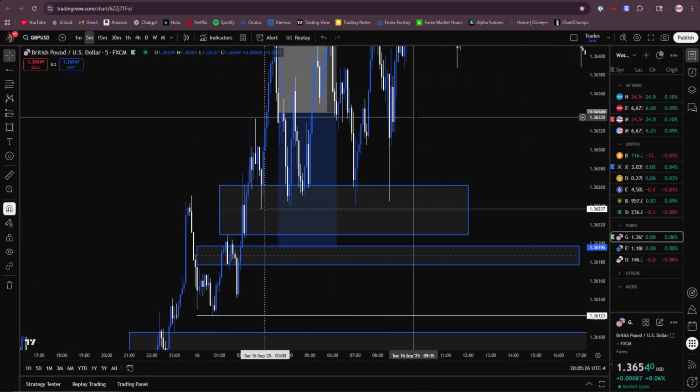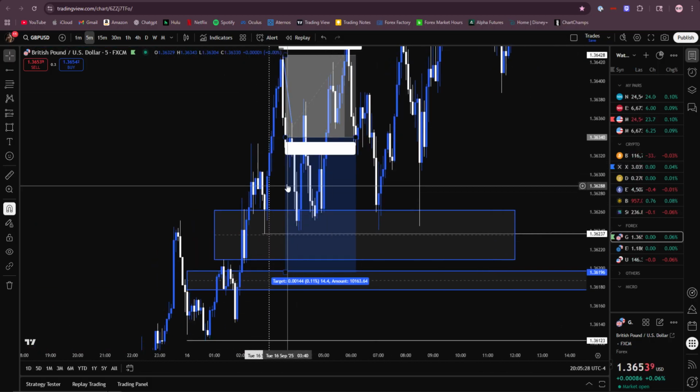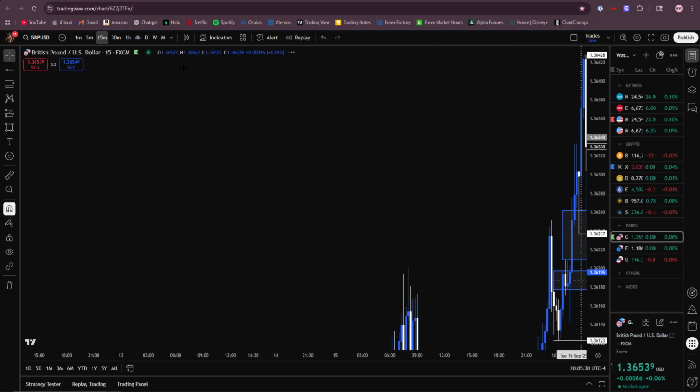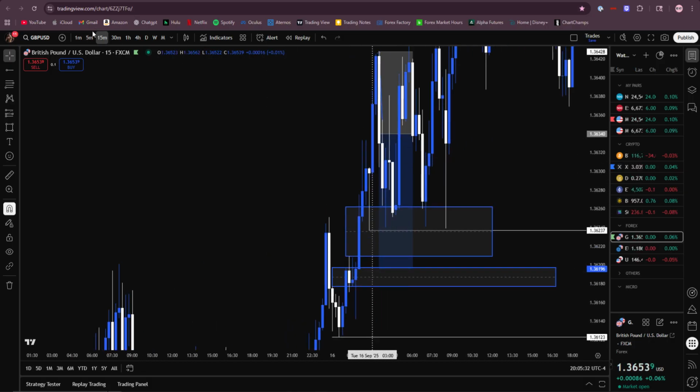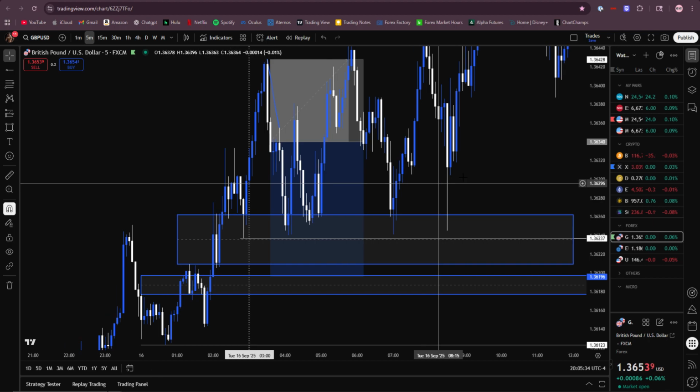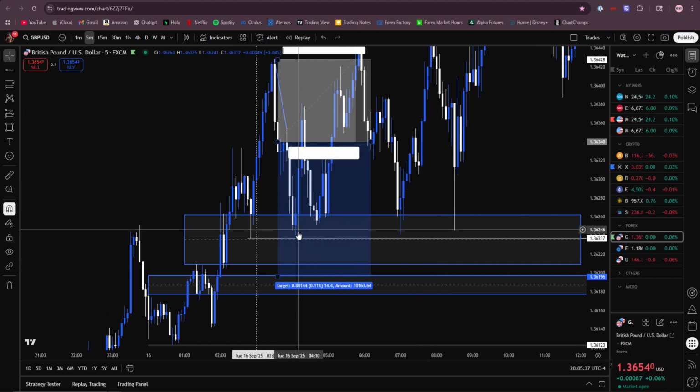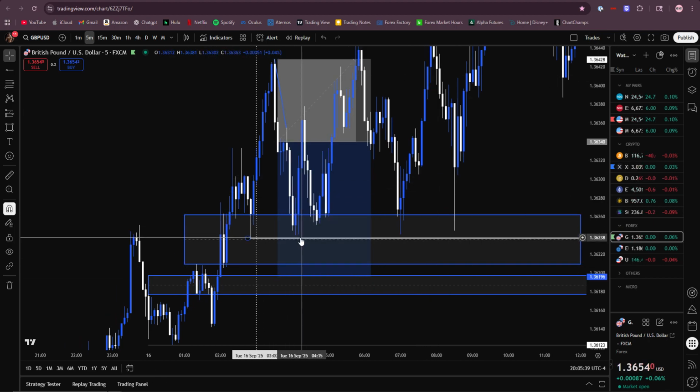Because if you look at it, we get full confirmation on the 5 minute. We don't even hit 5 minute draws. Granted, these are also 15-minute draws, but still, these are the only 5 minute draws we have to target. We should have at least taken these out. And if price did take these out, I would have closed something.